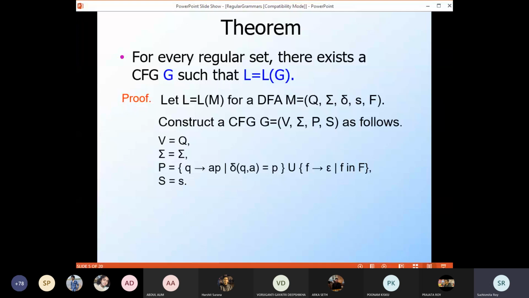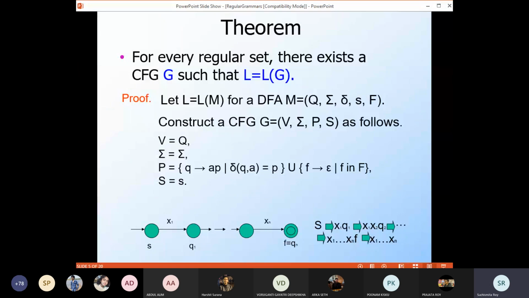Okay, so let's see how this goes. If these are your transitions in the DFA, you can see that from S, on consuming input X1, you go to Q1. Then your derivation from the context-free grammar which you have created will look something like this. From S, you can derive X1 Q1, and now you are in Q1.